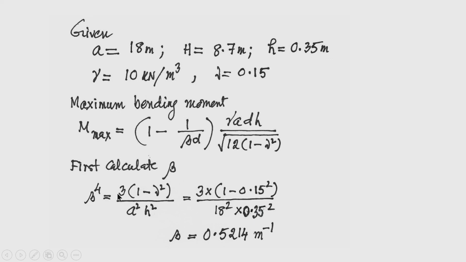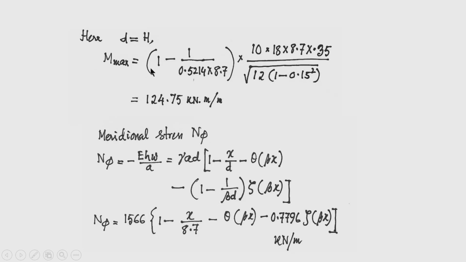Beta to the power 4 is calculated as 3(1 minus mu square) divided by t square a square. After substituting the numerical values, with Poisson ratio for concrete taken as 0.15 since it is an RCC tank, beta comes out as 0.5214 meter to the power minus 1.